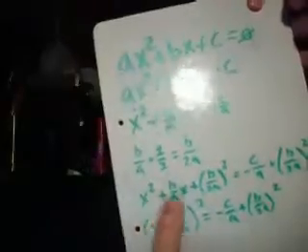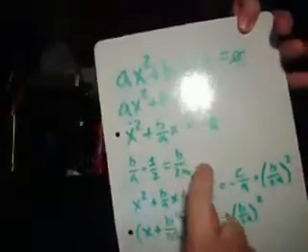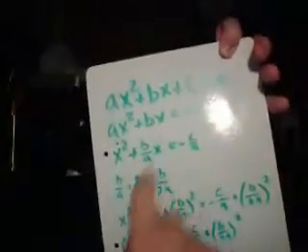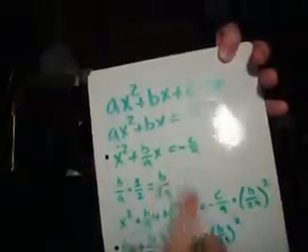We're going to multiply it by 1/2. And when we do, we get b over 2a. Then we're going to square b over 2a. Alright? Now, after creating this number, we're going to add this number to both sides of the equation.